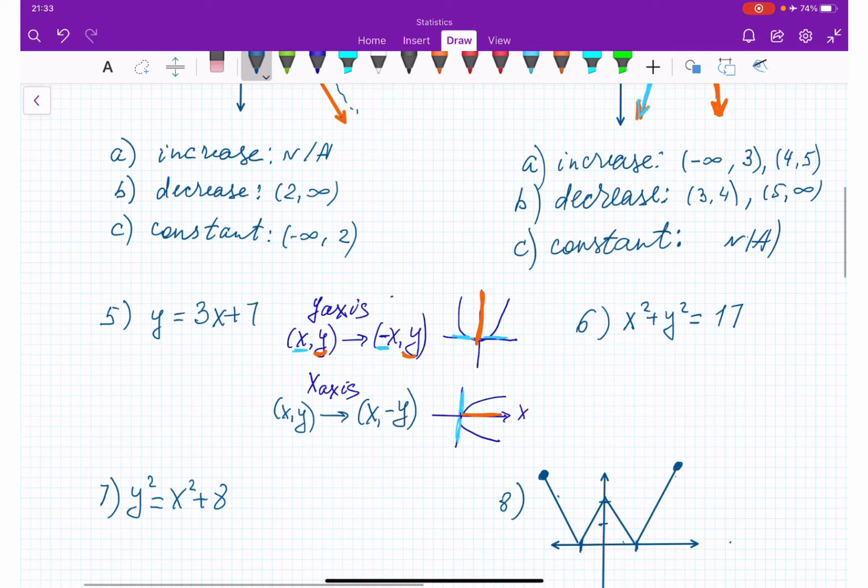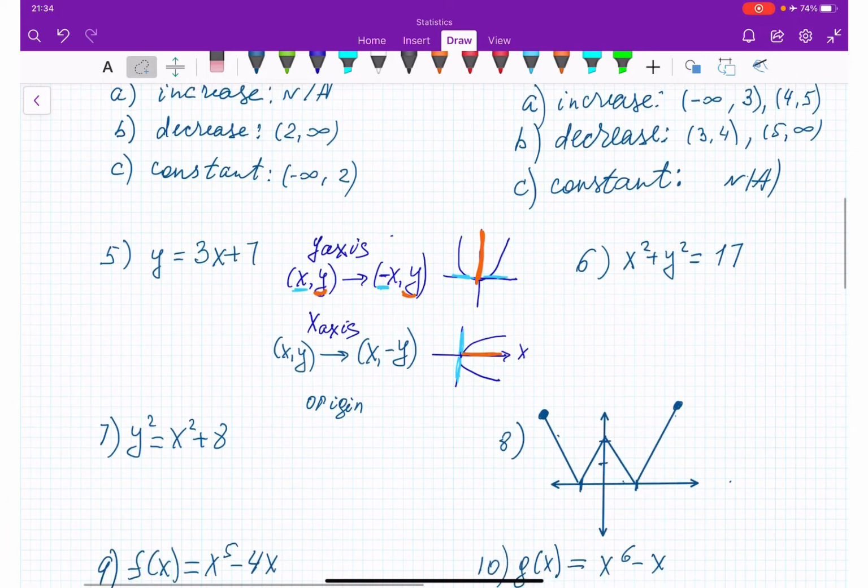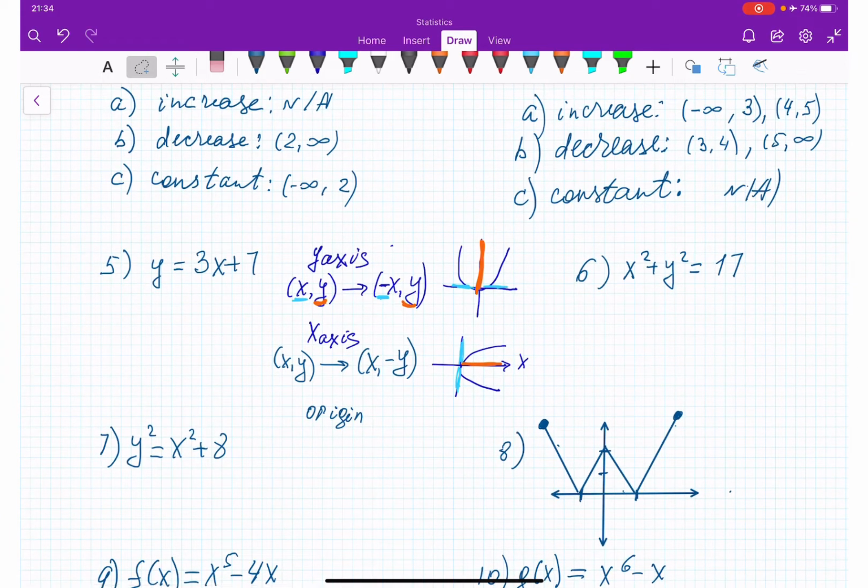All right? And with respect to the origin, there are three choices: x, y, origin. Let me move this down. I shouldn't have prepared all these examples, now I don't have enough space. Let me move this.